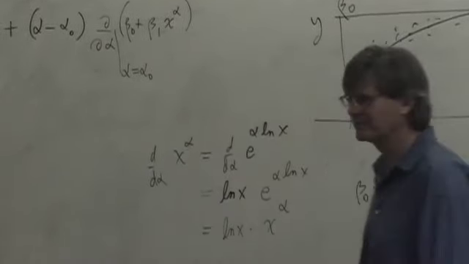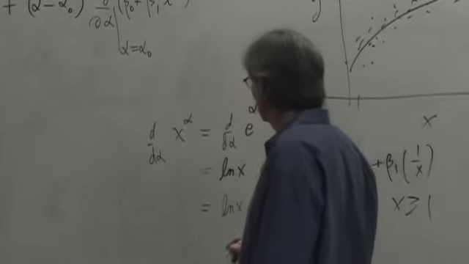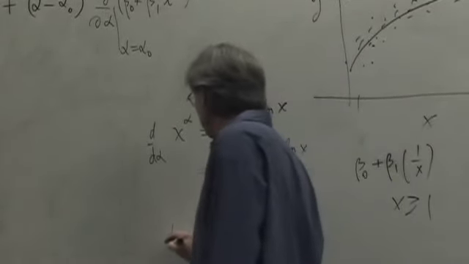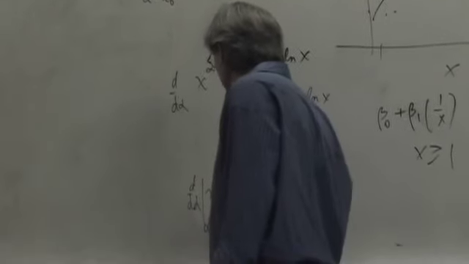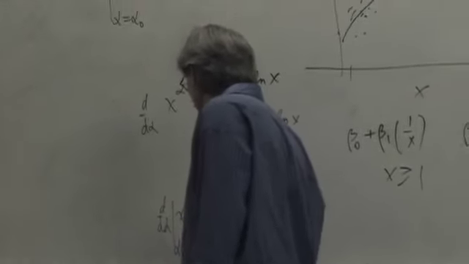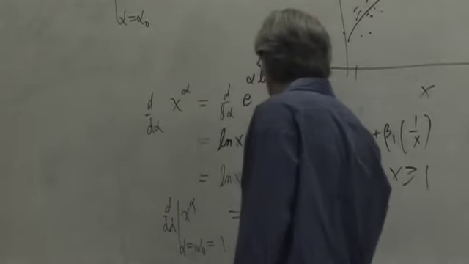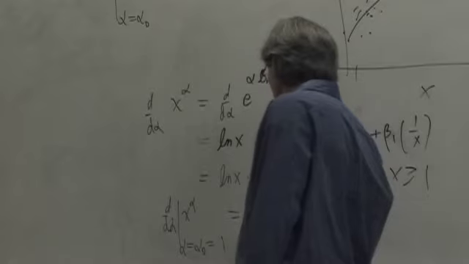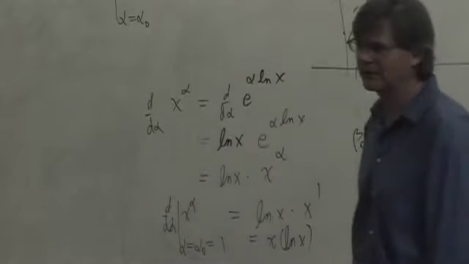Now I'm going to plug in alpha equal to alpha 0, which equals 1. So d by d alpha of x to the alpha at alpha 0 equals 1 gives log x times x to the 1, which equals x log x. That's the derivative there.